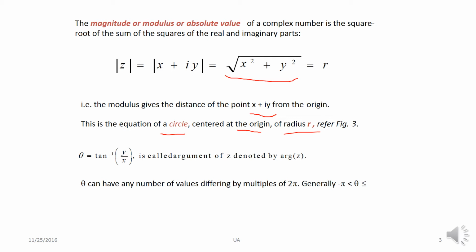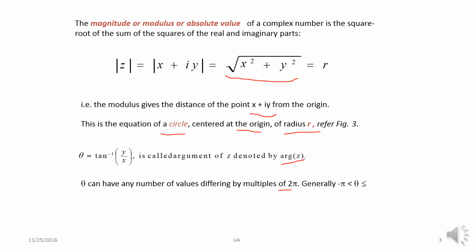theta is tan inverse y upon x, because we know tan theta is y upon x. This is called the argument of z, denoted by arg z. This is the notation. Theta can have any number of values differing by multiples of 2 pi, because it is the complete circle, 0 to 2 pi.